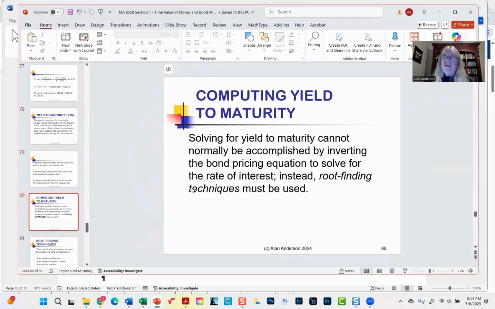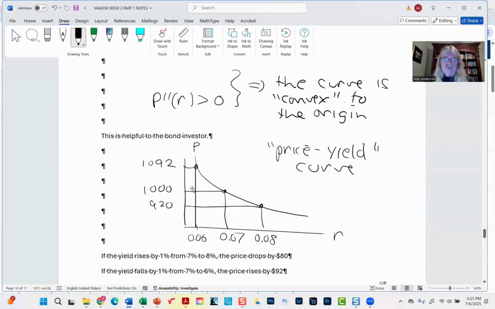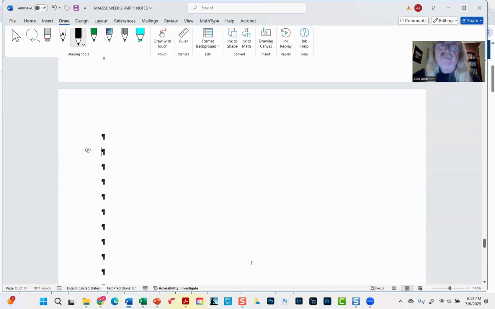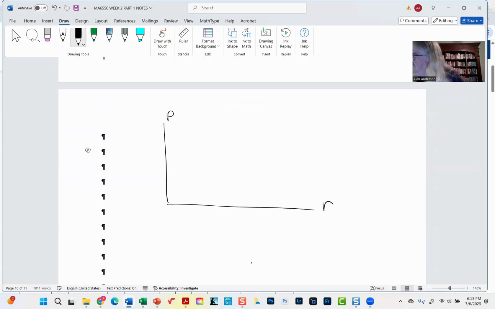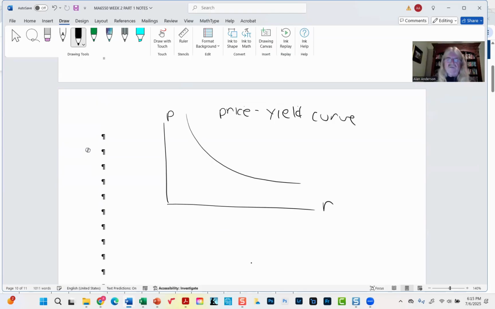Now, one thing I do want to point out here, which is kind of interesting. Based on the way it's drawn, the price yield curve, we'll call it P of R, the price yield relationship is monotonically decreasing.